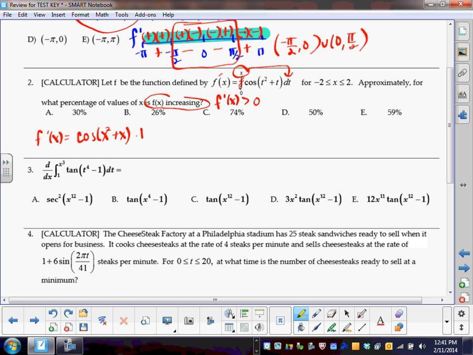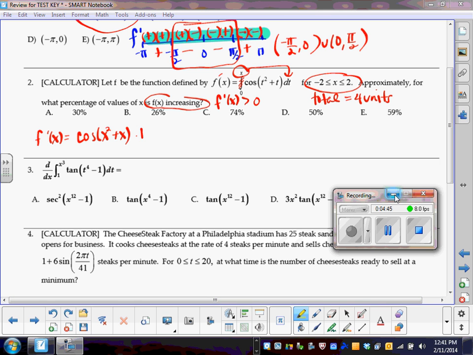Now, the percentage of values of x. If we're going from negative 2 to 2, then the total width of that window is 4 units. We're asking how many units f prime, which is cosine of x squared plus x, would be positive.